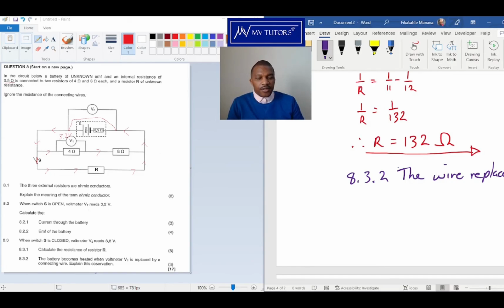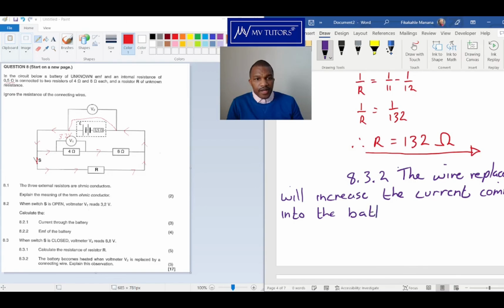The wire which is placement will increase the current coming into the battery.